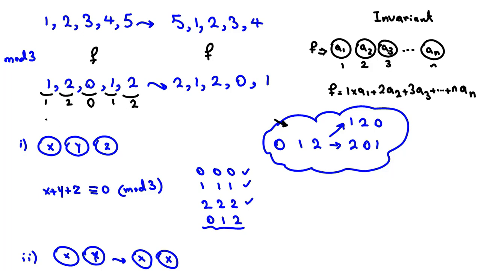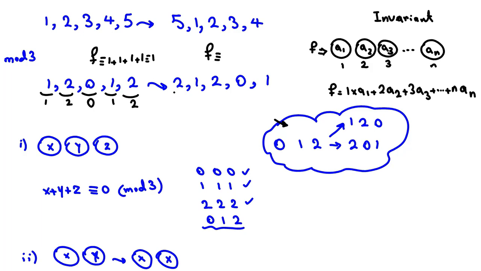So f here, let's calculate. It is 1 times 1. We consider mod 3 all things. 1 times 1, 2 times 2 is 4, which is 1. So it will be 1 plus 1 plus 1 plus 1, which is 4 here, which is 1. Okay, we consider mod 3 all things.